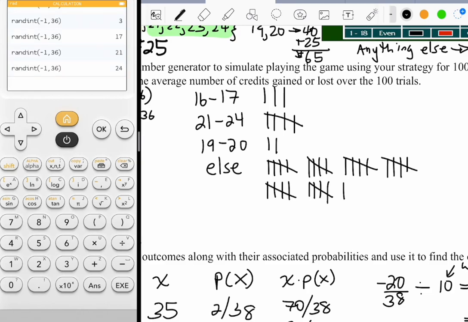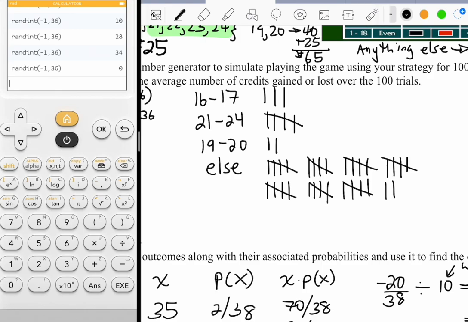24 is a win. 2 is a loss. 30 is a loss. 10 loss. 28 loss. 34 loss. 0 loss.